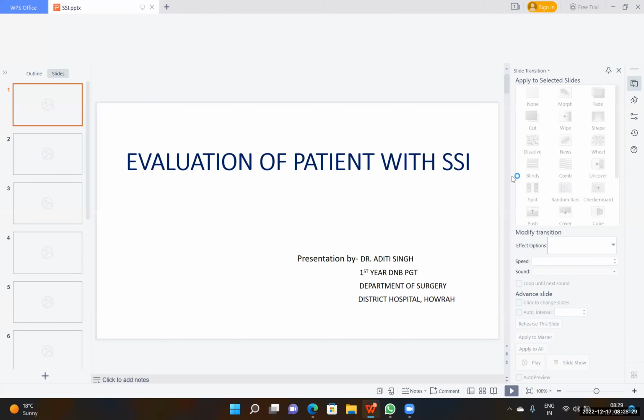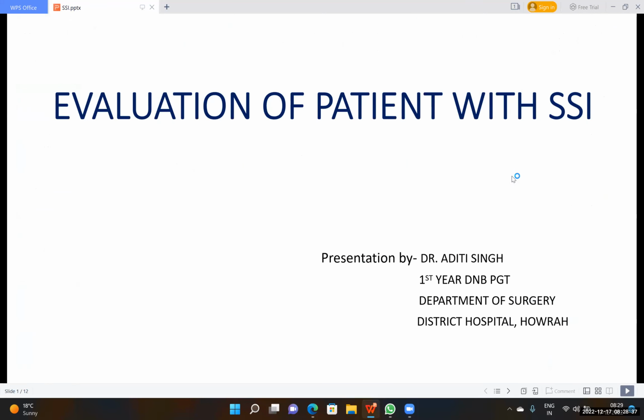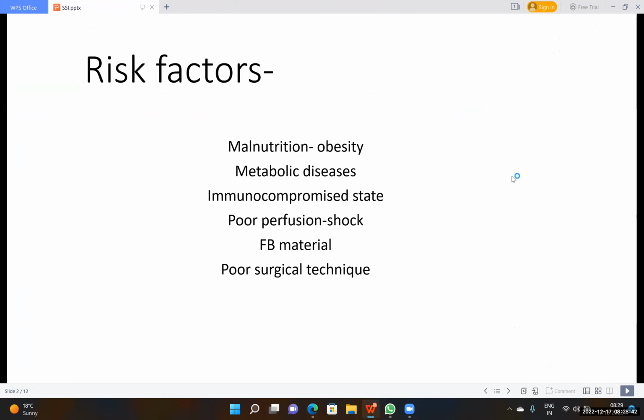Good morning, respected faculties. My topic is evaluation of a patient with SSI. SSI can occur in any primary incision or a secondary incision in all those patients who are undergoing an operation with one or more incisions. There are certain risk factors which determine the chances of SSI, like malnourished or obese patients, metabolic diseases like diabetes, hypertension, immunocompromised states, poor perfusion or shock, foreign body material in the wound site, or poor surgical technique.